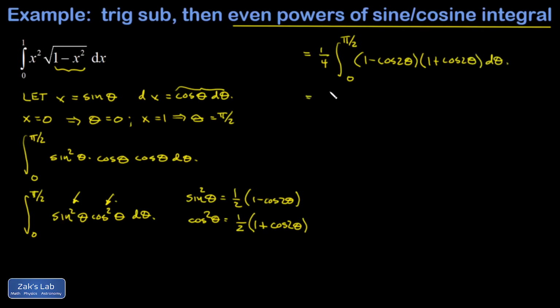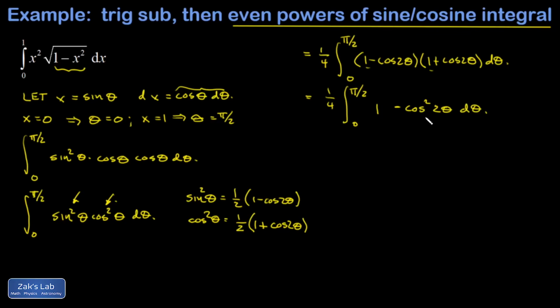And I have to expand this thing. And fortunately, it's a difference of two squares kind of thing, because I have 1 minus in the first one, 1 plus in the second one. And my cross terms are going to cancel. So I end up with a 1 for my constant term. And then a minus cosine squared 2 theta for my last term. And again, the cross terms cancel because they just differ in sign.